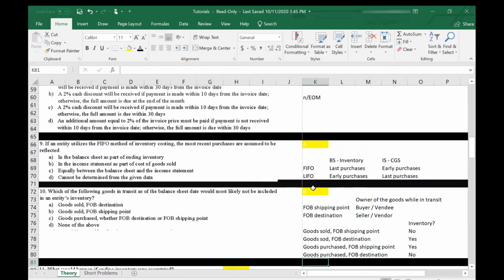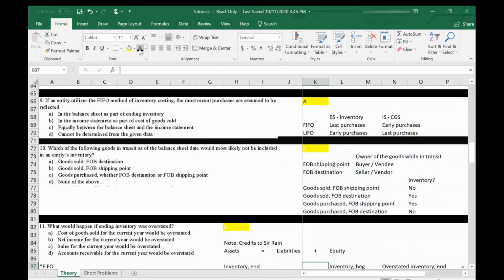Unang pumasok, unang mong mabebenta. So yung mga most recent purchases mo or yung mga huli mong binili, sila yung hindi mo mabebenta. Therefore, they will appear in your balance sheet as part of your, yes, you're right, ending inventory. So the answer for this is letter A. In the balance sheet as part of your ending inventory. I hope that's clear.